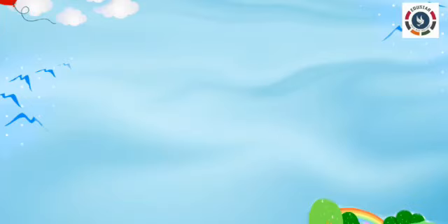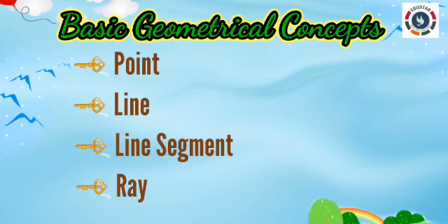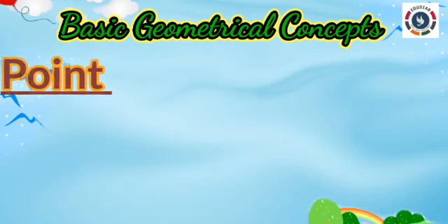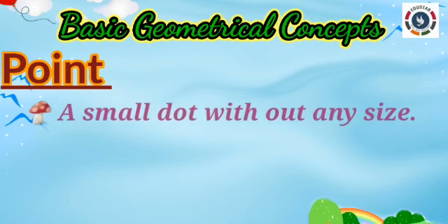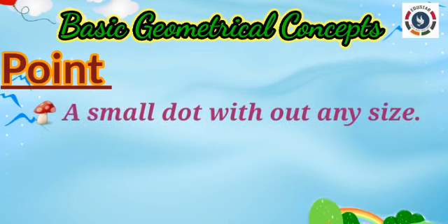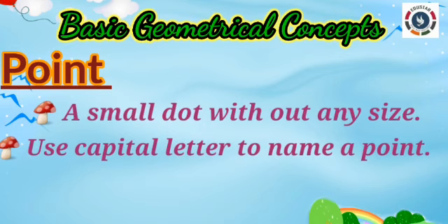The basic geometrical concepts are dependent on 4 key elements. They are the point, line, segment and ray. First, point. A small dot without any size. We use a capital letter to name a point.